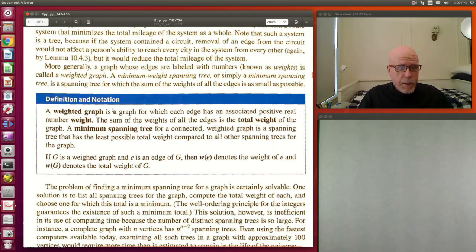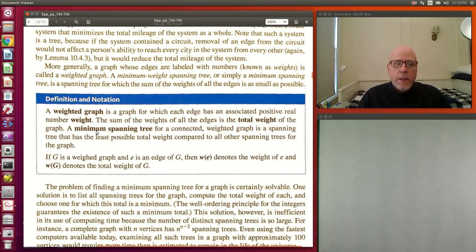First of all, we need the definition of a weighted graph. I think that's pretty clear, but positive real numbers are assigned to every edge of a graph. That's what makes it a weighted graph. The ones I just did had integers. We could just consider that those were rounded off or something. But the sum of the weights of all the edges is the total weight of the graph.